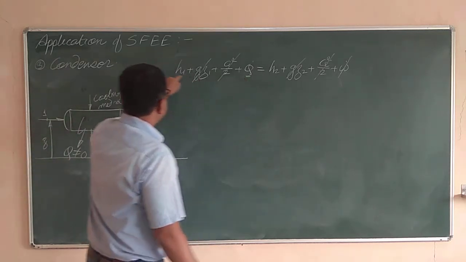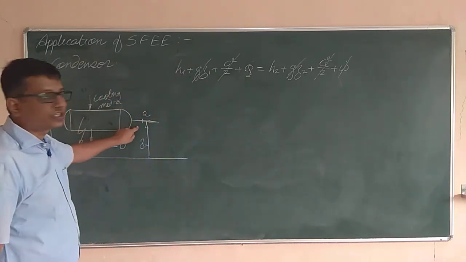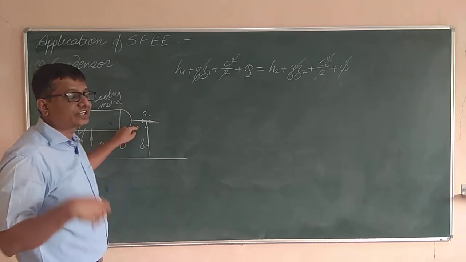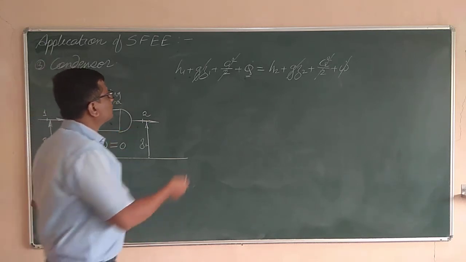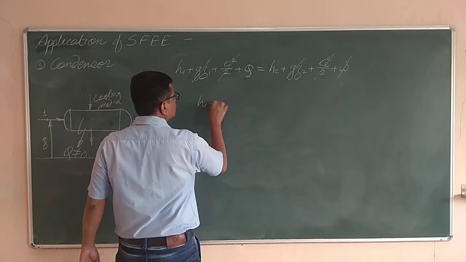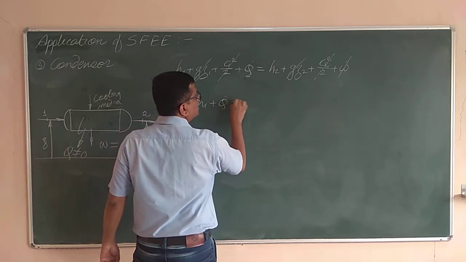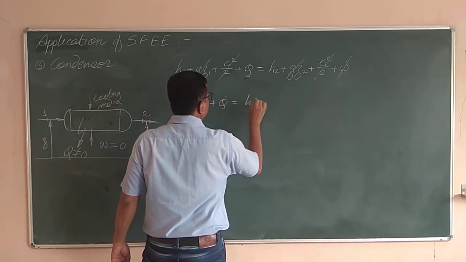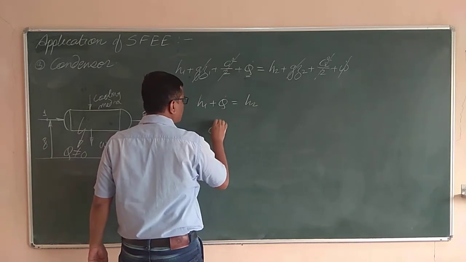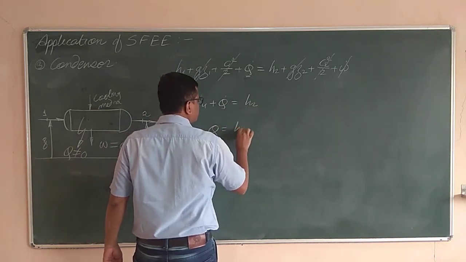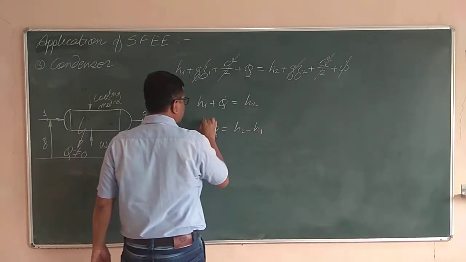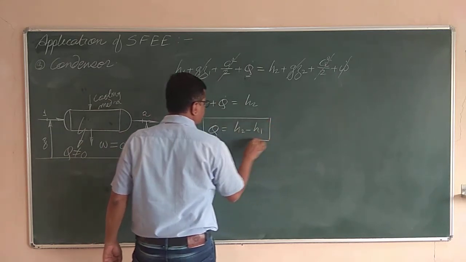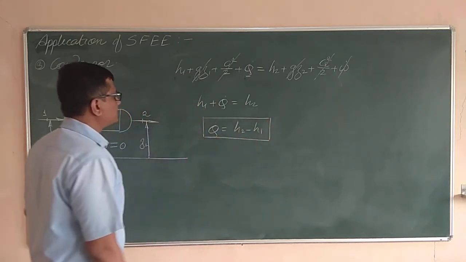And obviously the enthalpy at section 1 and at section 2 will be different, since heat is rejected by the steam. So the final equation is H1 plus Q dot is equal to H2. So Q dot is equal to H2 minus H1, and this is the application of steady flow energy equation to a condenser.